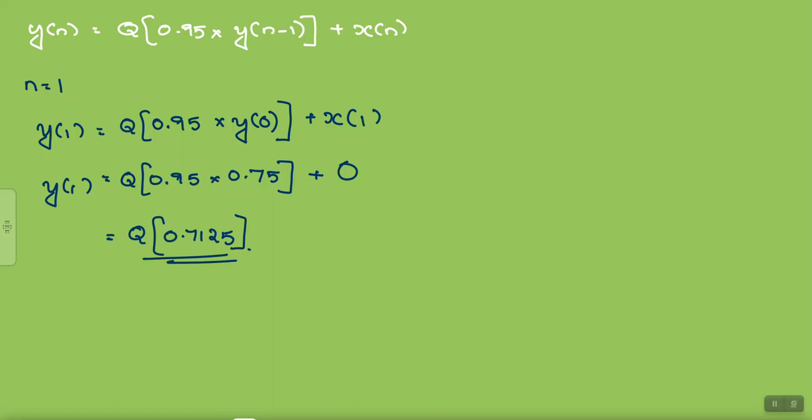So first I have to convert this to binary for representing in 5 decimal places.